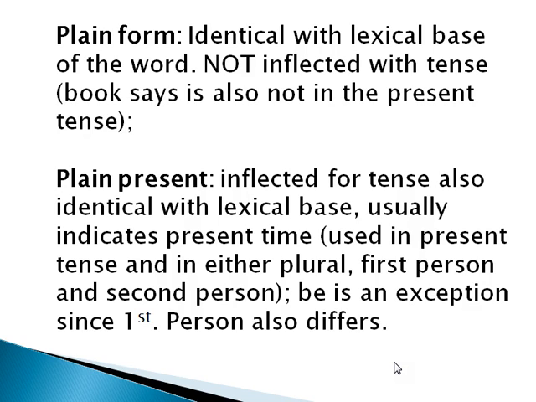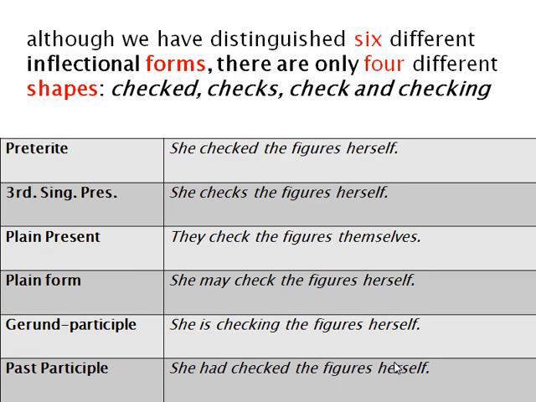The plain present is a tense with two different forms: one for he, she, it, another one for all the other pronouns. The exception is be, in which we have three different forms. Take a look. Third person singular present. It's a form.